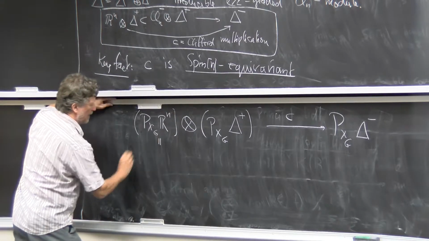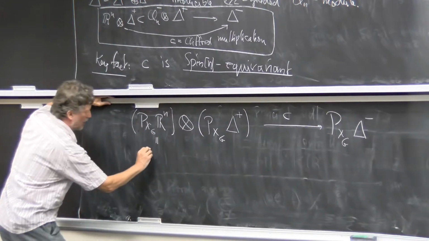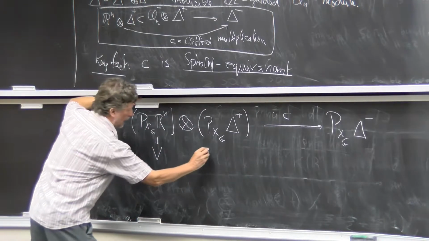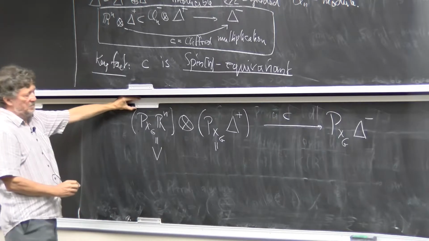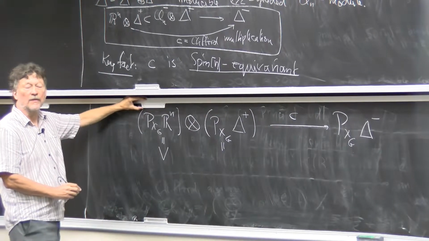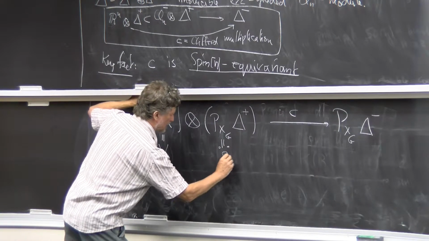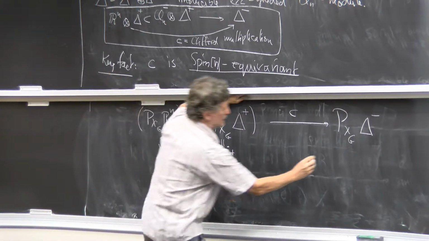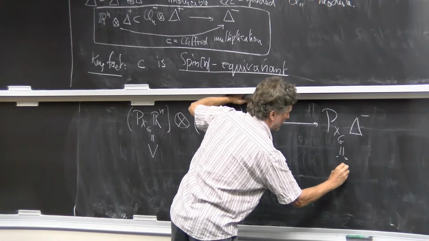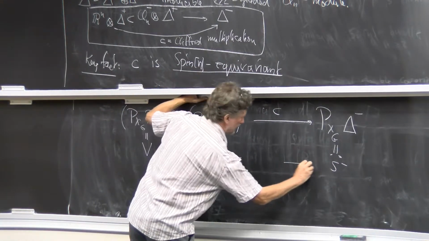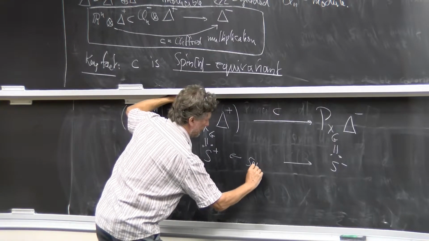But now I can identify those things. This one here, by the remark over there, is just our old vector bundle V. This one here is a new vector bundle, the so-called spinor bundle. So this is the spinor bundle S plus, and this is the spinor bundle S minus.